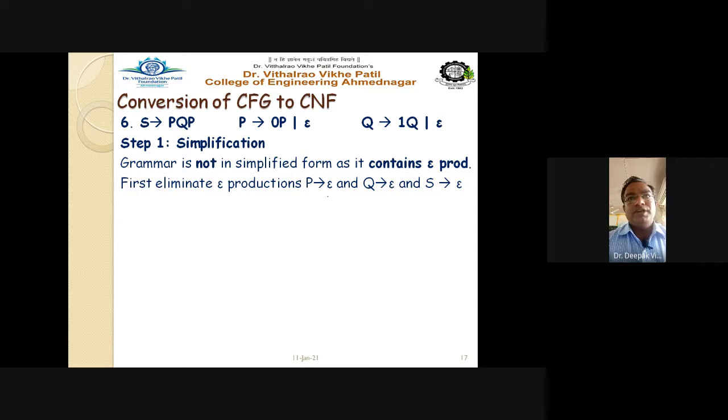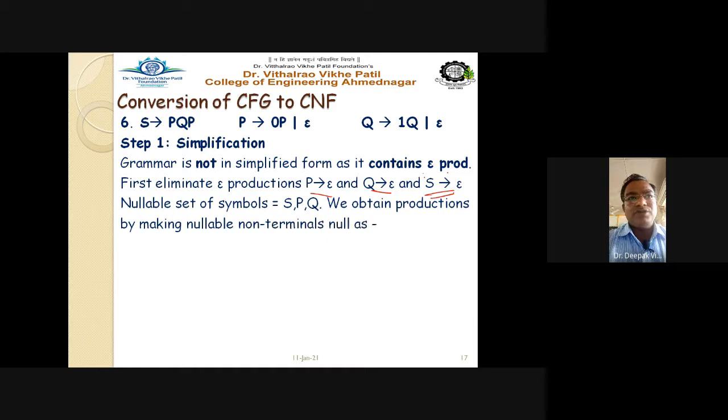That is nothing but P tends to epsilon, Q tends to epsilon. Therefore S tends to epsilon, right? So the nullable set of variables, that is S, P, Q, these three are the nullable non-terminals. So we have to obtain the productions by making the nullable non-terminals null.